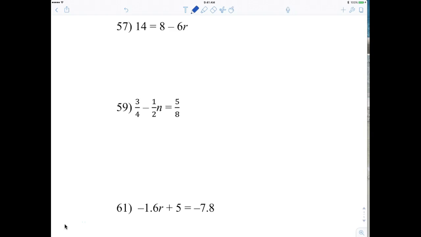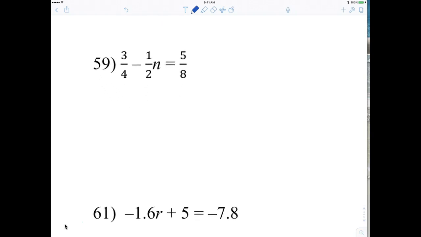So now what I want to do is I want everybody to look at question number 59. We're going to practice our mental math with fractions. So the first thing we're going to do is, does everybody remember we would be subtracting 3/4 from both sides of the equation?